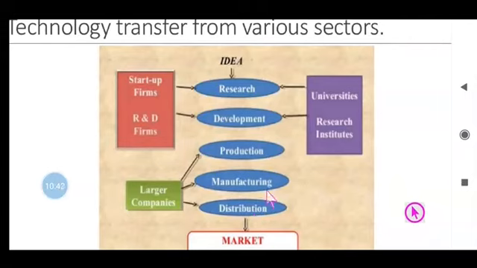So the commercialization will be successful only with the help of the giant companies having the capacities of production, manufacture, distribution and marketing. And therefore, the developer of the technology or the researcher needs to collaborate with the manufacturer having such capacities, and then only we can say the technology transfer will be successful.